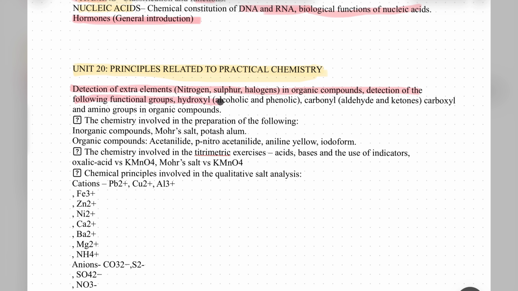Functional groups: hydroxyl, alcohol, phenol, and amino groups in organic chemistry. The detection of nitrogen, sulfur and halogens in organic compounds, on a practical basis. Then we have the preparation of the following inorganic compounds: Mohr's salt and potash alum.